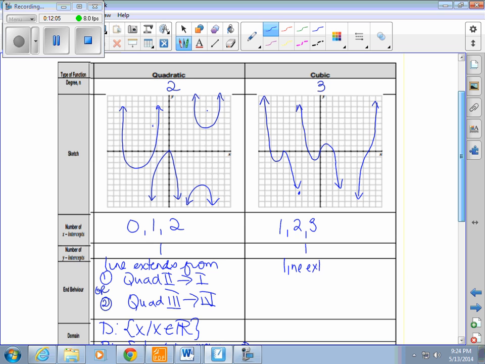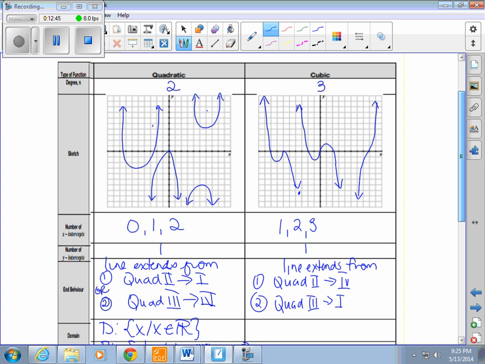So the end behaviors. The graph is either going to start in quadrant 2 and eventually end in quadrant 4, like my first 2 ones, or, well, I would start from left to right, so it would be starting in quadrant 3 and eventually going to quadrant 1.